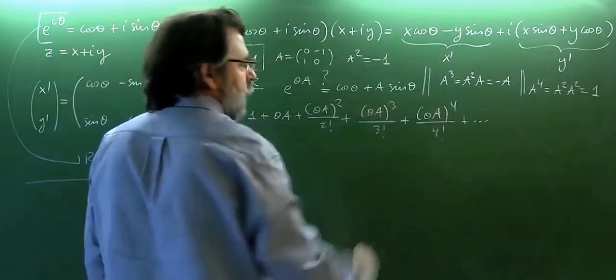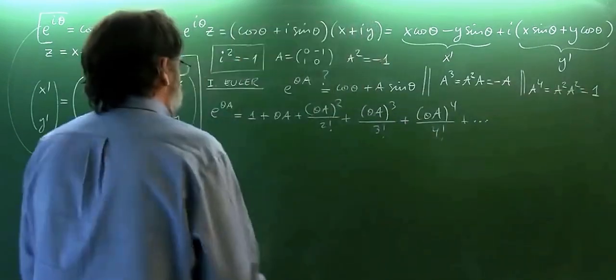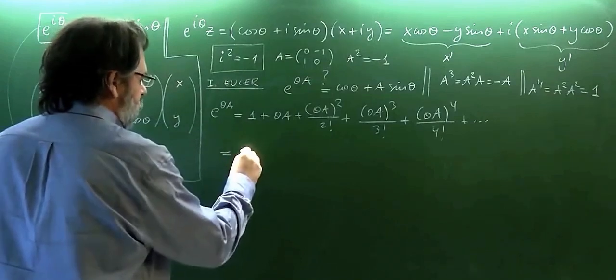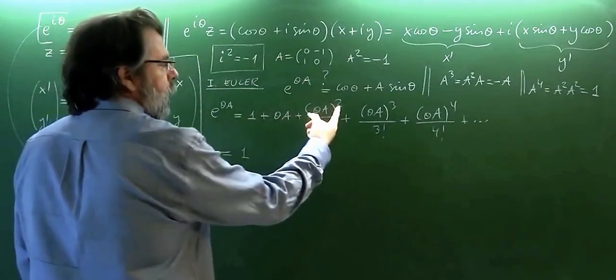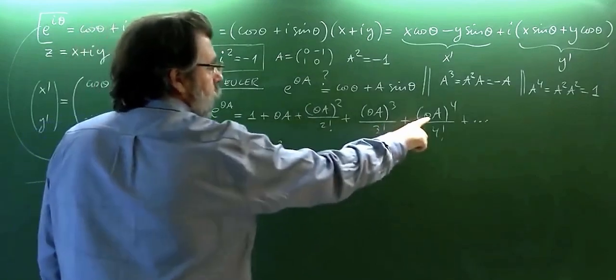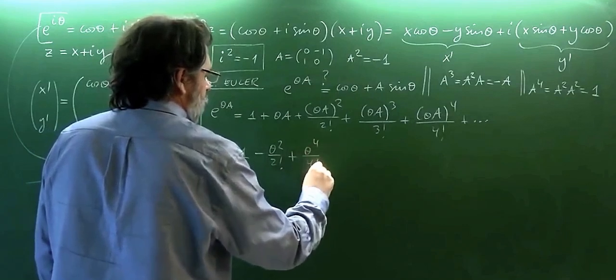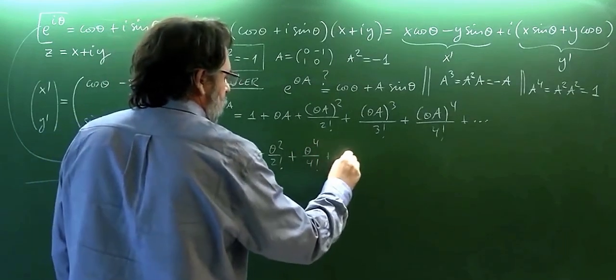In other words, in the end all these powers are either 1 or minus 1. So if we group the whole thing together, let's put the 1. A squared is minus 1, therefore it will be minus theta squared over 2 factorial, A to the power of 4 is 1, therefore plus theta to the 4 over 4 factorial, and minus, plus, etc.